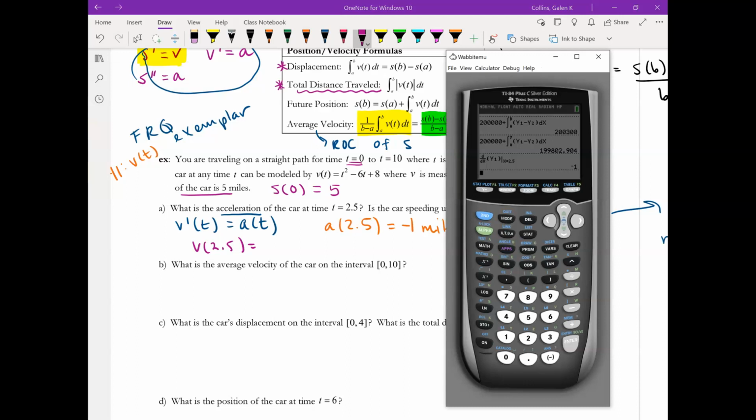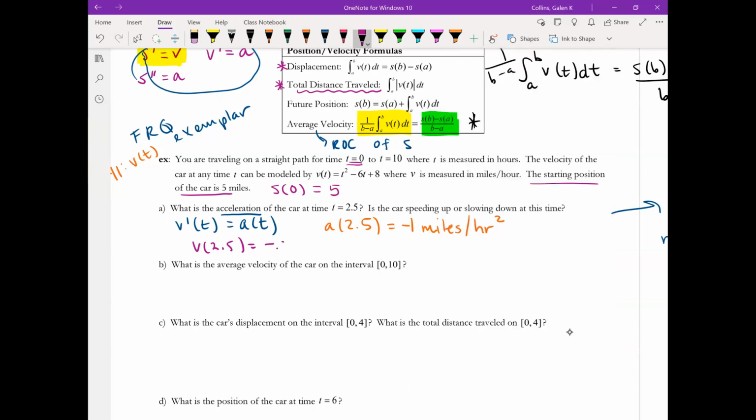So in the calculator, remember we stored v in y1. So I can go vars, y-vars, function y1. The calculator knows function notation, but we must use parentheses. I have no idea what it does, but it comes up with some other number when we don't. We get -0.75, 75 100ths, and we know that is in miles per hour.